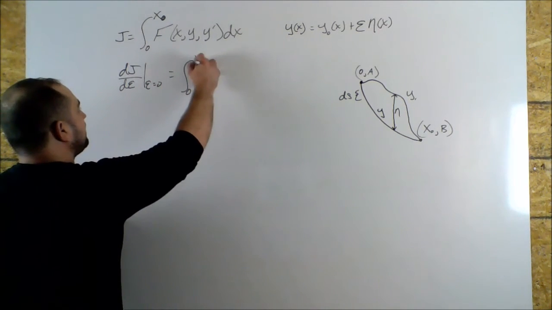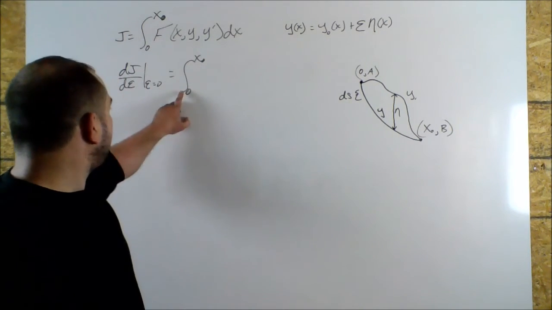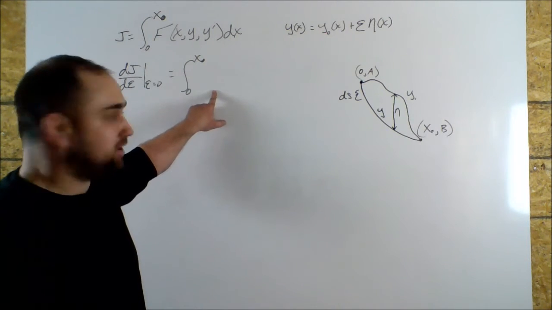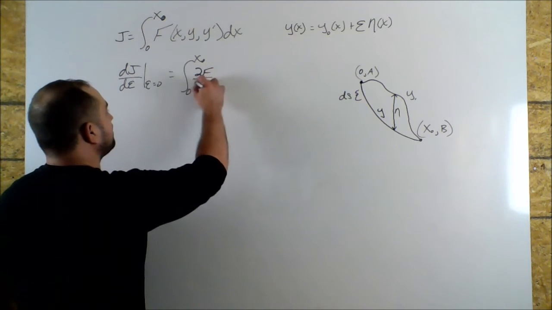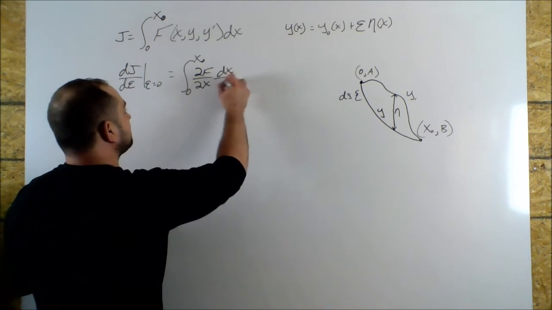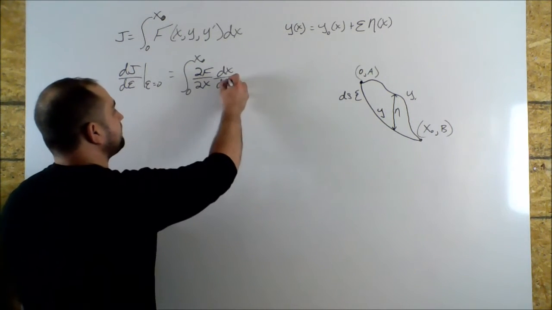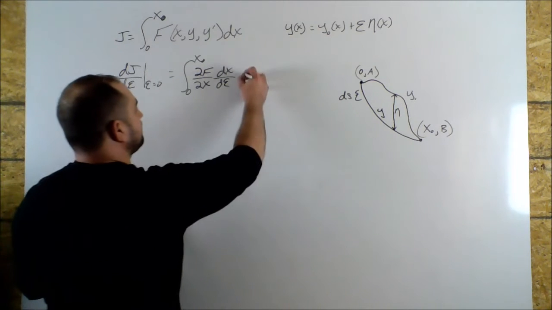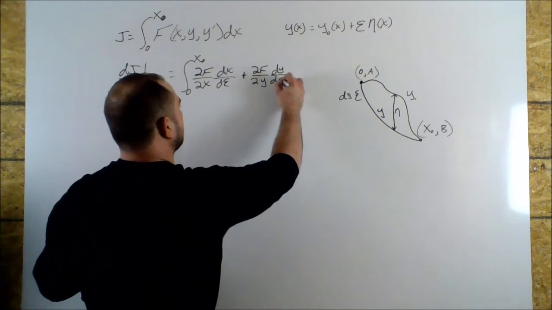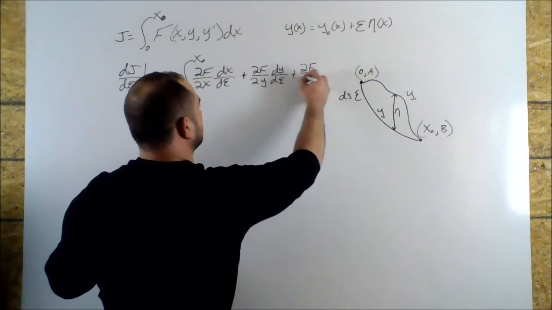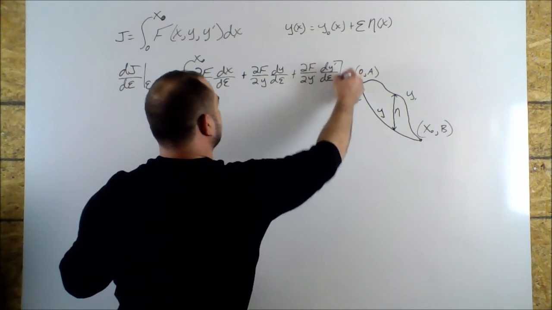We know from multivariable calculus that because f is not dependent on epsilon, we can simply pass the differential operator inside the integral. And so we would get partial f over partial x, dx over d epsilon, plus partial f over partial y, dy over d epsilon, plus partial f over partial y prime, dy prime over d epsilon.